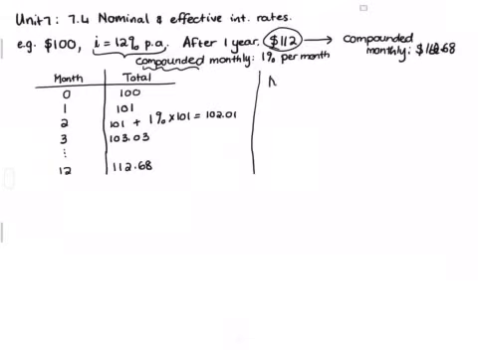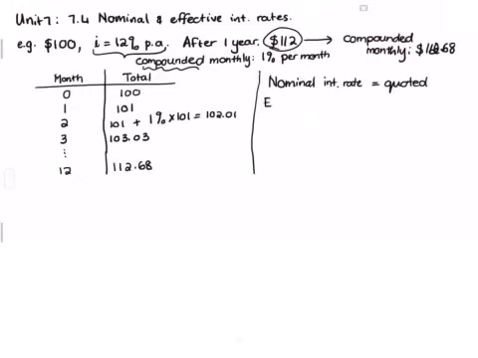So the nominal interest rate, remember the word rate because that tells us percentage, it is the quoted. So the bank will quote, I will give you 12% per year compounded monthly.